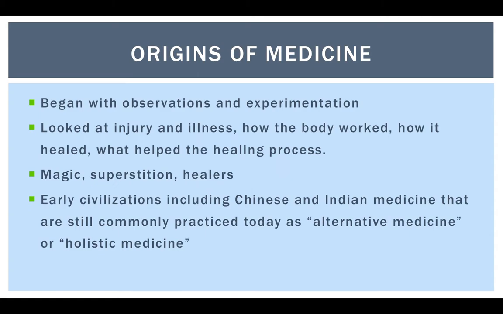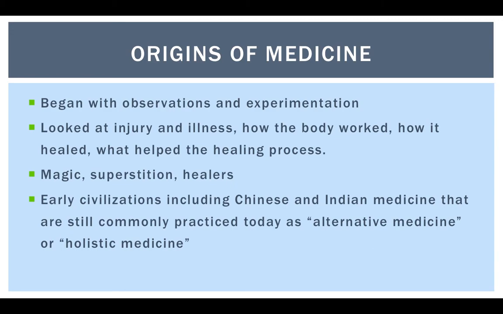There are lots of different applications for anatomy and physiology, but the one we'll talk about the most is in the context of medicine. So I just wanted to give a brief history of medicine. Medicine really began with observations and experimentation. People would look at different injuries or different illnesses, the times that the body didn't work, in order to see how it should work.